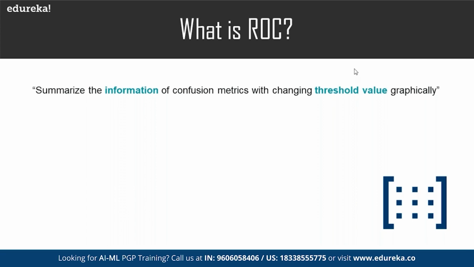This is important. A threshold value is where we get to choose the right parameters. Upon choosing the right metrics at that point, the threshold value on the curve forms a curve, which is true positive rate, TPR, versus false positive rate, FPR.